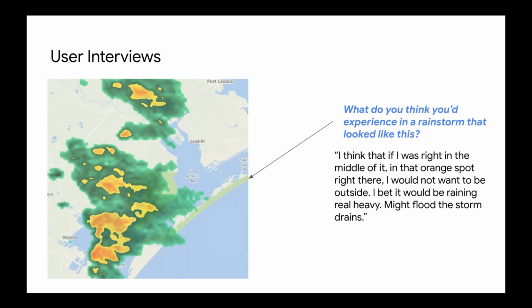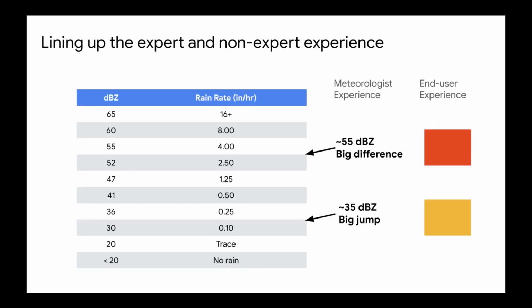And so having this, I built up this body of qualitative interpretation of different form factors of an explanation and tried to line it up with what the experts knew about the data and how the end user was interpreting it. And over time, we found that both meteorologist experience and the end user experience had these big jumps in what they expected at different colors and at different DBZ rates.